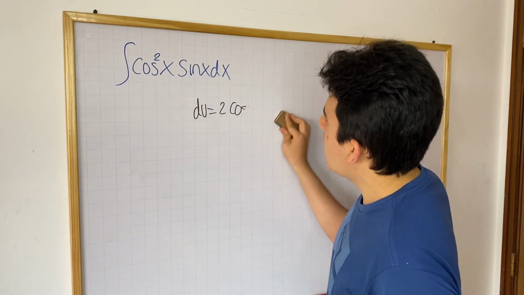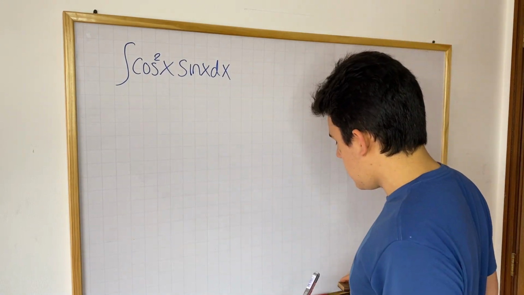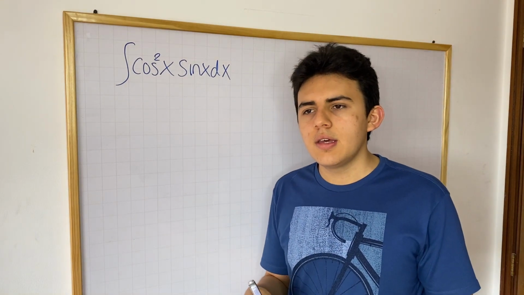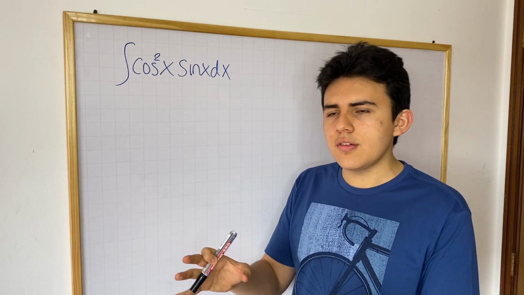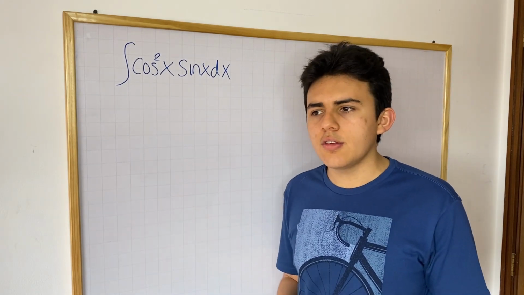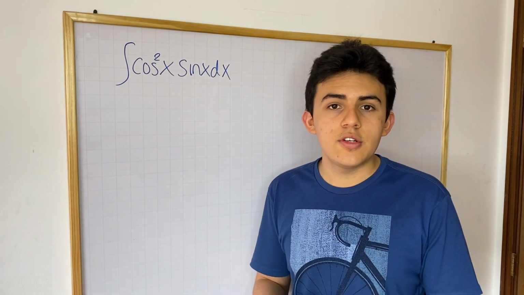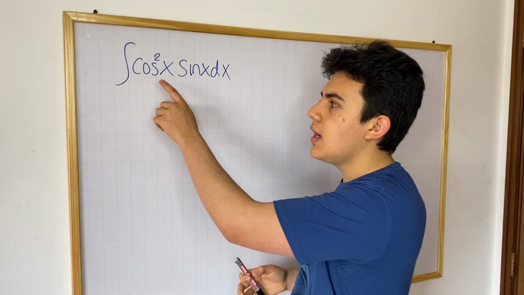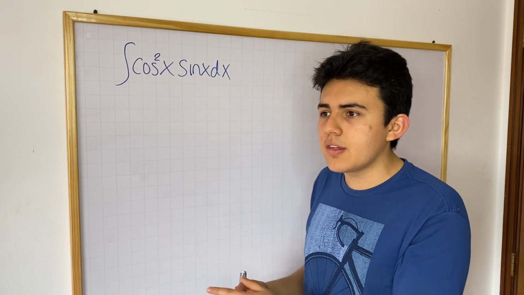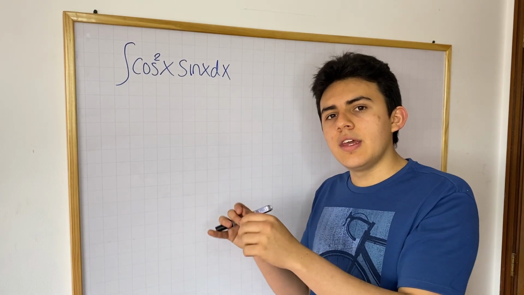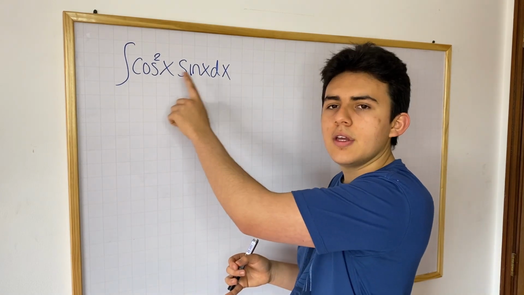So now, something that you should actually do, and I think it's a strategy that many beginners in integral calculus, especially when they're just learning how to pick a u value, don't do, is that you can choose a u value and then adjust it to whatever you have in the integrand.